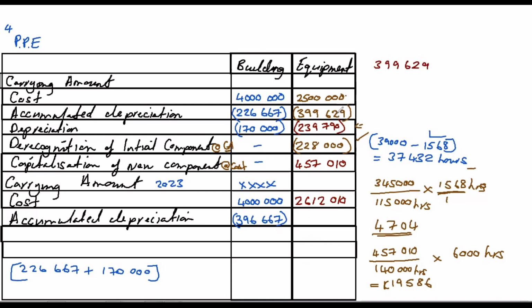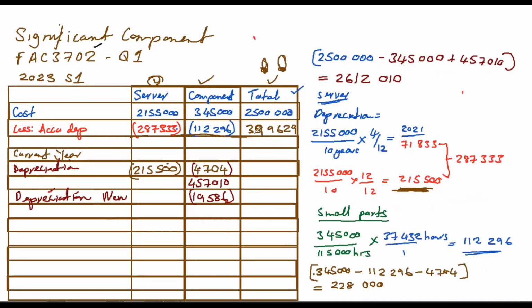Remember, this one was made up of the old component as well. Then you come and add what we depreciated during the year, 239,790. Then from there, you subtract all those depreciations for the old component.